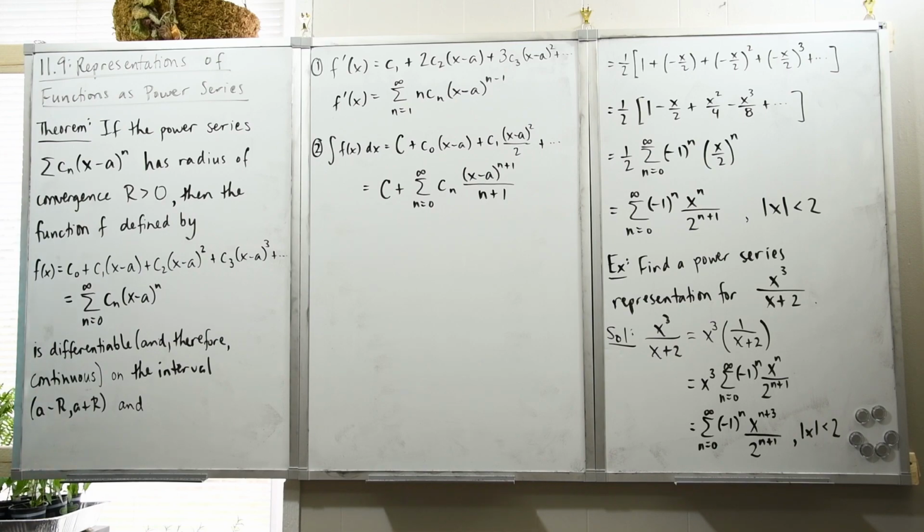So think about this for a moment. If you were to integrate this general term, you'd have your c sub n, x minus a raised to the power, add 1, put the result over the new power. And you'd also have your arbitrary constant, so you've got your c sitting right there.